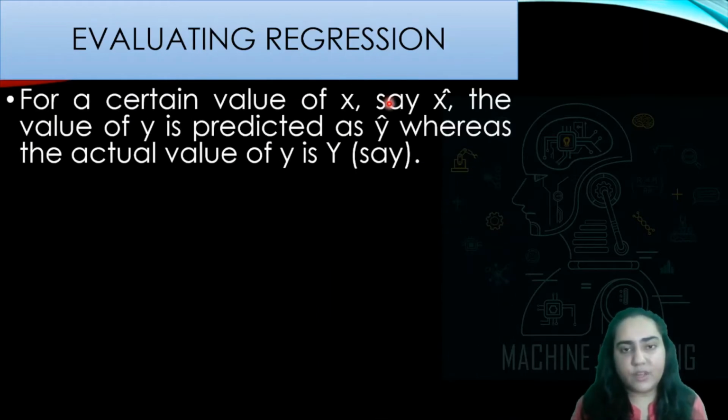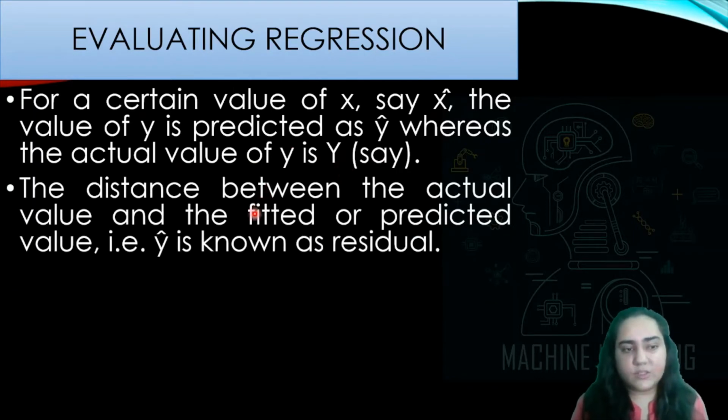So for a certain value of x, say x cap, the value of y is predicted as y cap, whereas the actual value of y is capital Y. So the distance between the actual value of y and the fitted or the predicted value of y, which is y cap, is known as residual.